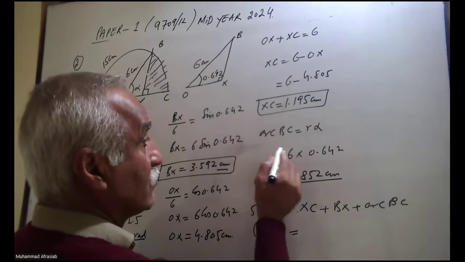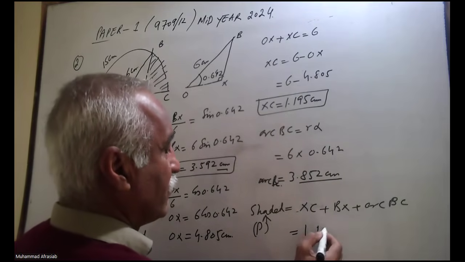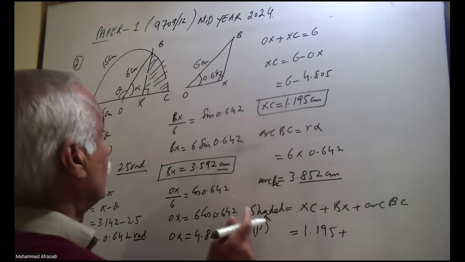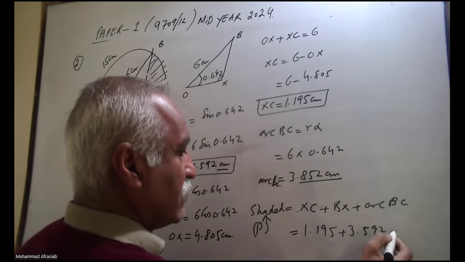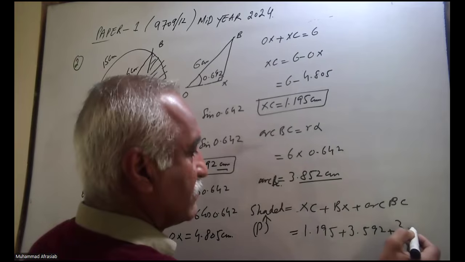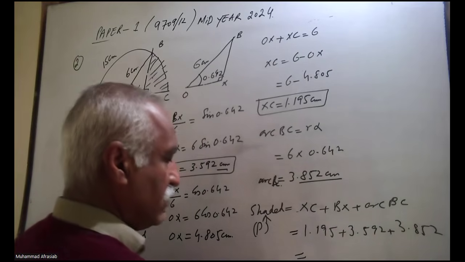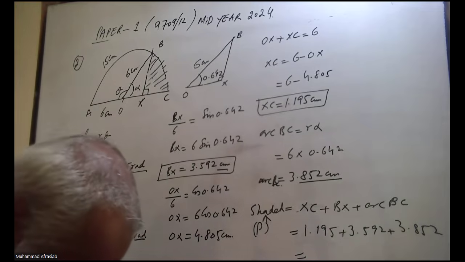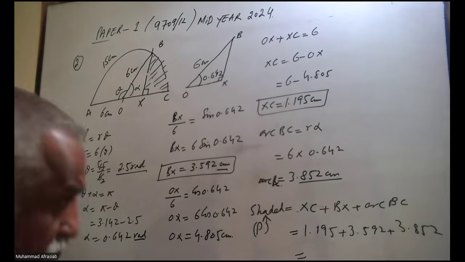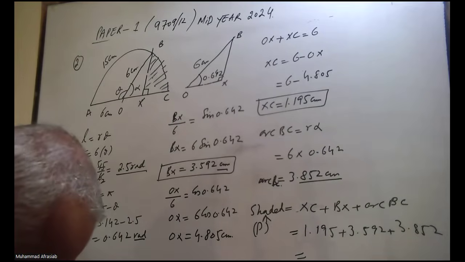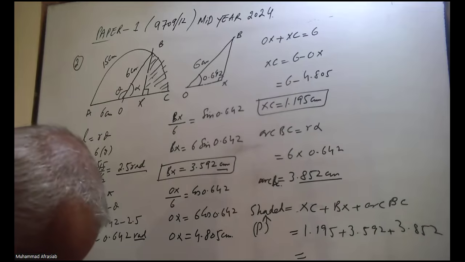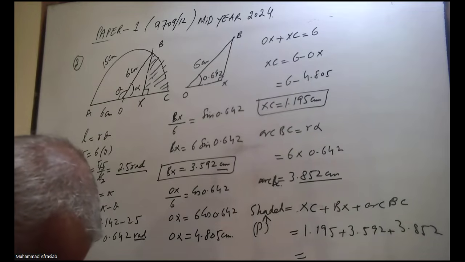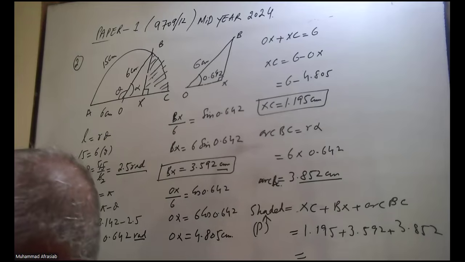So XC is basically equal to 1.195, BX is equal to 3.592, and this arc is 3.852, and that value is equal to 8.635.